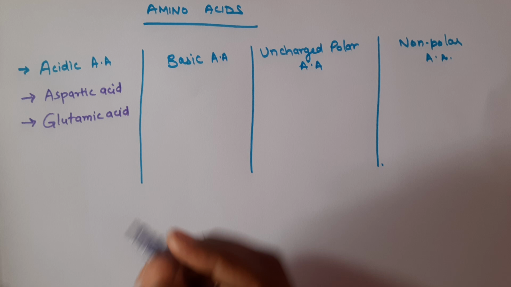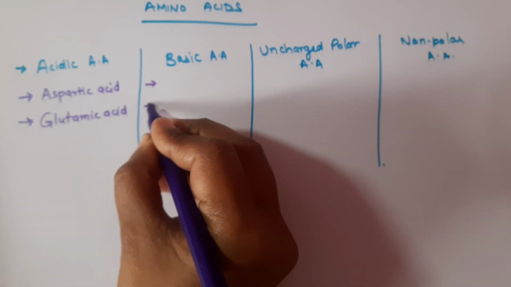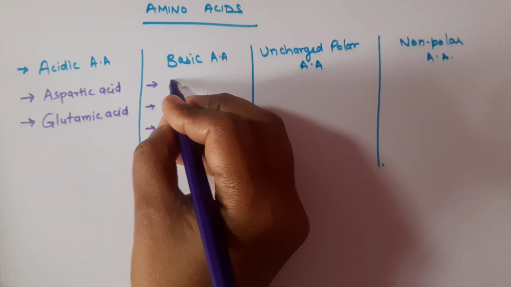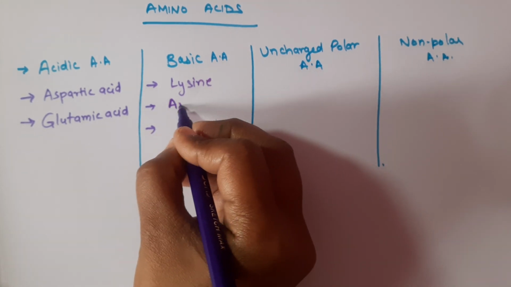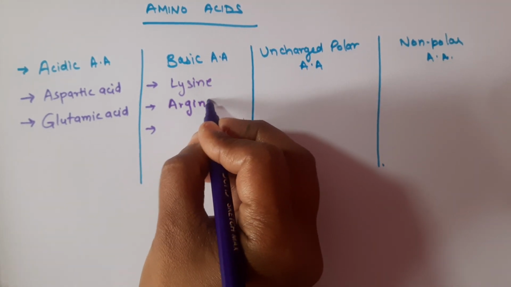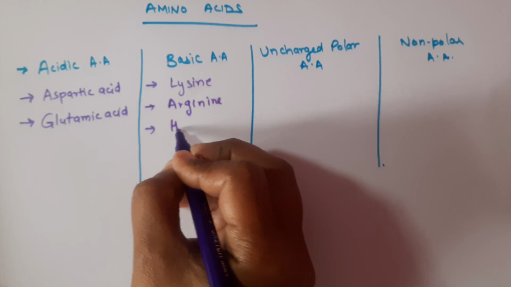Okay, the basic, we have three kinds of amino acid. These are lysine, arginine, and histidine.